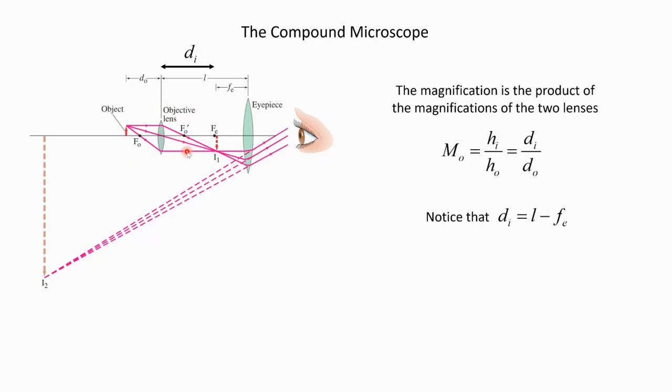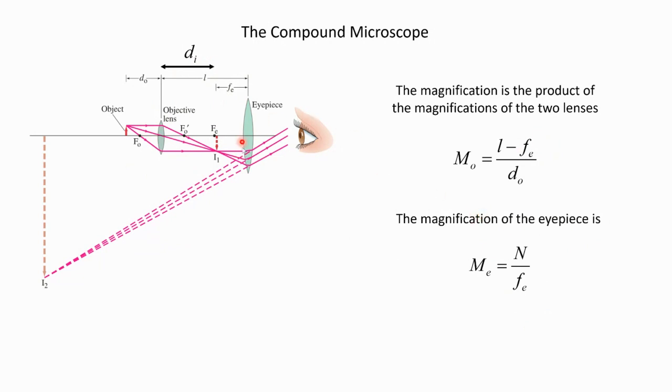So in this configuration, the image distance di is the length of the microscope minus fe. That's what I wrote down here. Plug that in up here, and we get that the objective lens magnification is this: (L minus fe) over do. Okay, so let's just hold on to that.